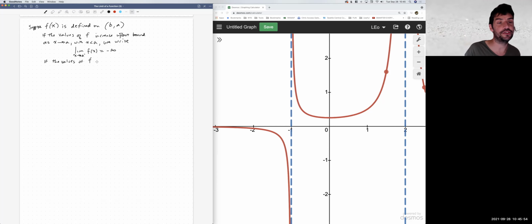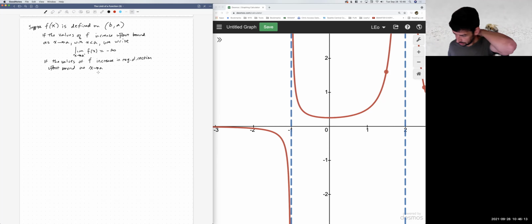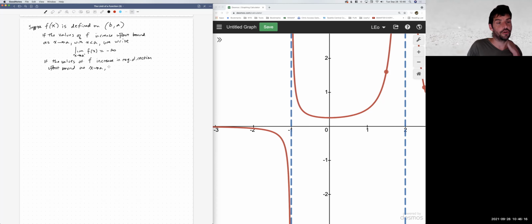If the values of f increase in the negative direction without bound as x goes to A, all right, so with x below A, we write the limit as x goes to A from the negative direction of f of x is equal to, oh, I wrote negative infinity up here for some reason.